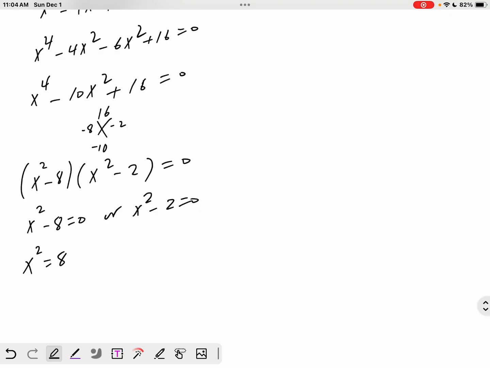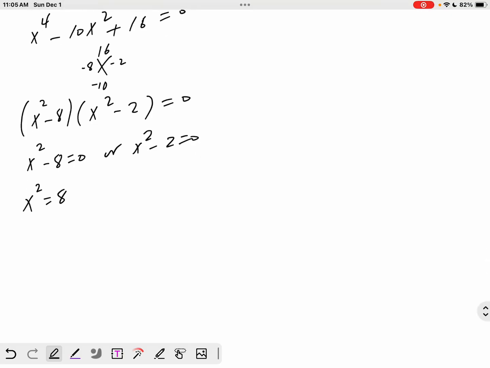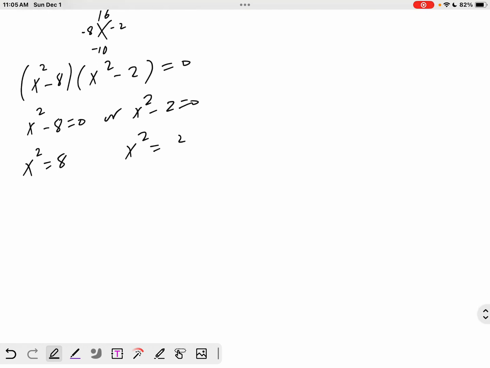So x squared equals 8. Well, then x squared equals positive 2. So x equals plus or minus the square root of 8. So x equals plus or minus the square root of 4 times 2. x equals positive or negative 2 root 2.